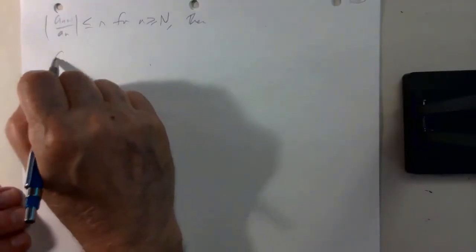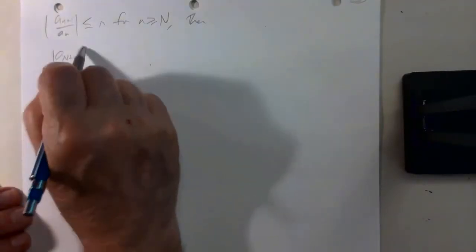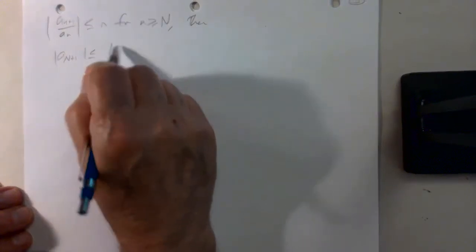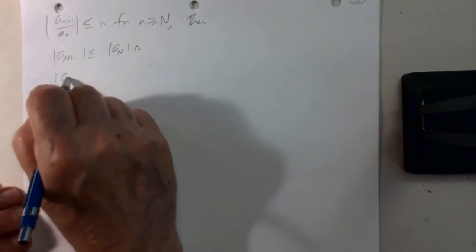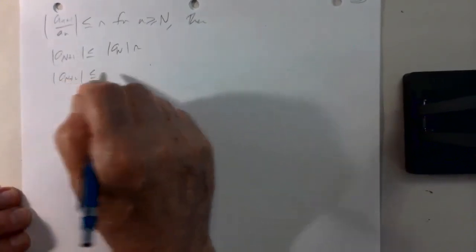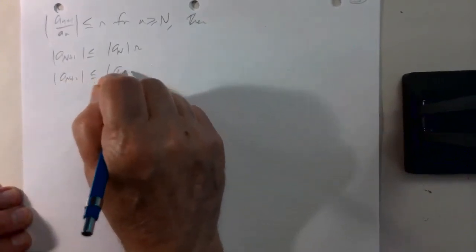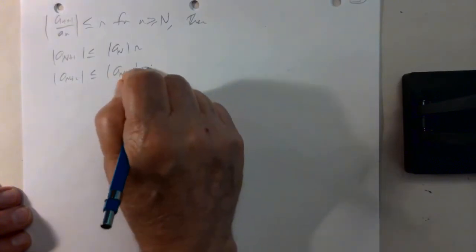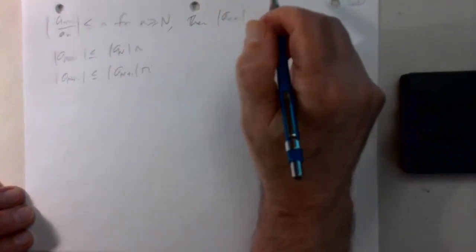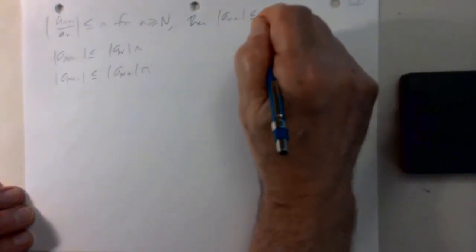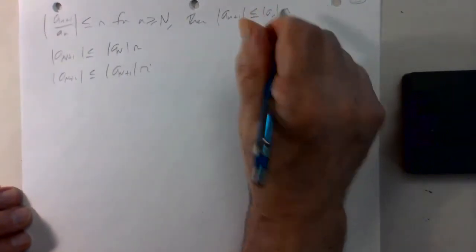So it means that the absolute value of an plus 1 is less than or equal to the absolute value of an times r. And an plus 2 is less than or equal to an plus 1 times r. So I'm going to use then that for every n greater than or equal to N, an plus 1 is less than or equal to an times r.